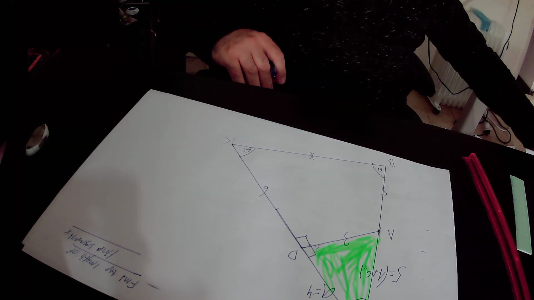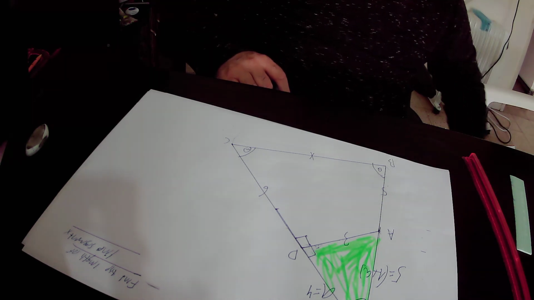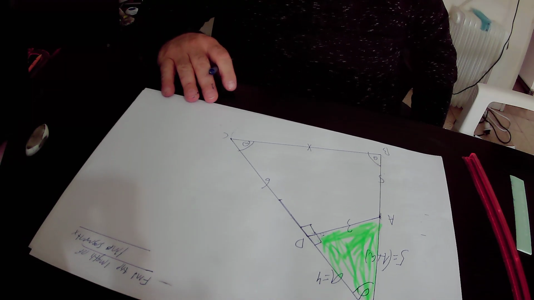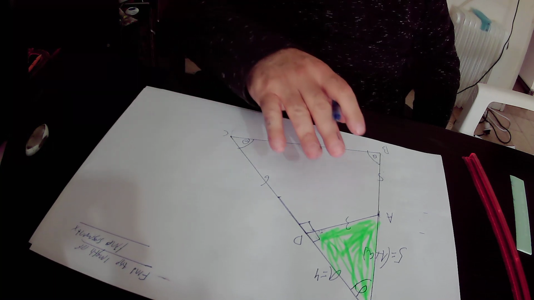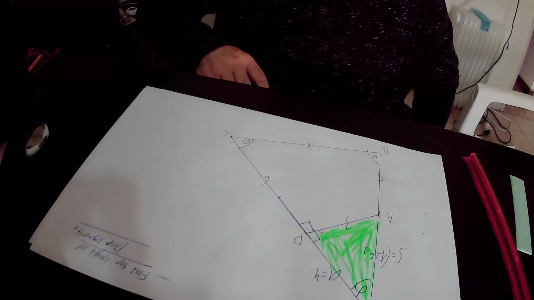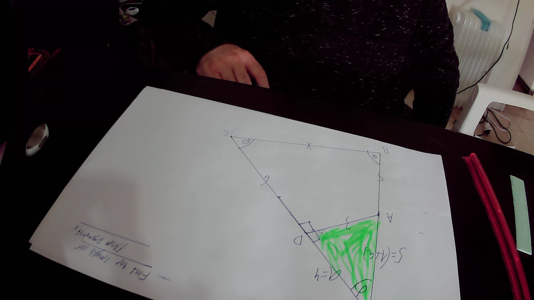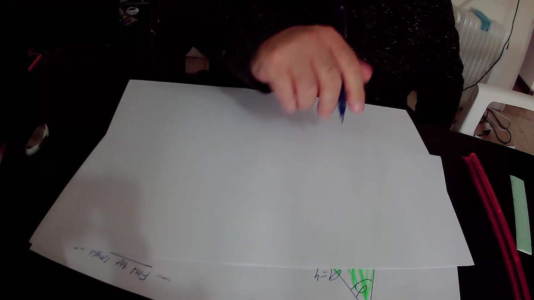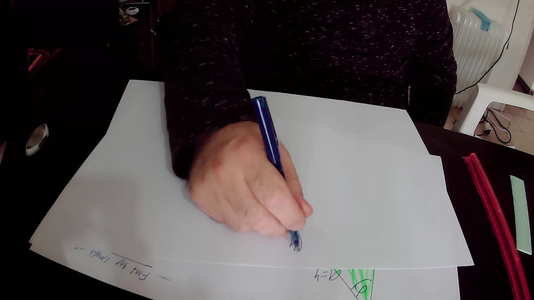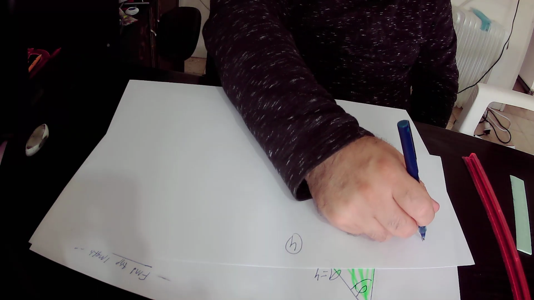In the next step, I will present to you the law of cosines, and we will implement the law of cosines in this triangle, triangle ABC. So what is the law of cosines? The law of cosines is true in any triangle.